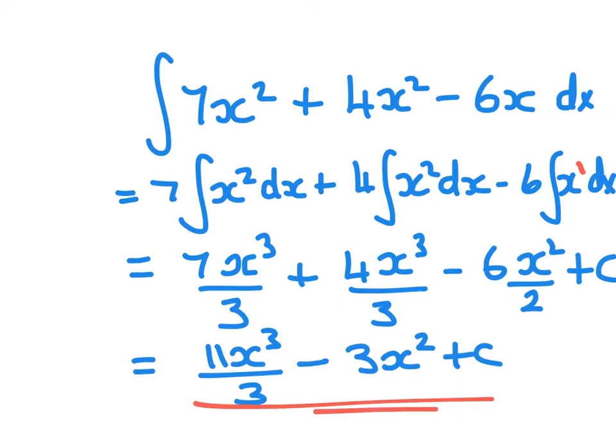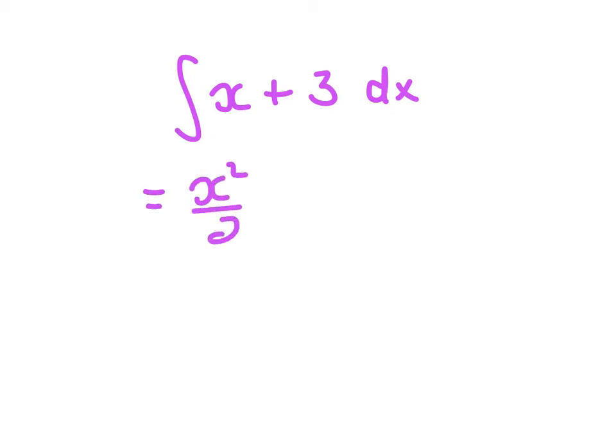Now within this example we saw that when we integrate x, it becomes x squared over 2, and that's one of the ones we have to be a little bit careful of. Additionally, if we integrate a constant term, we need to remember, so the x is x squared over 2.